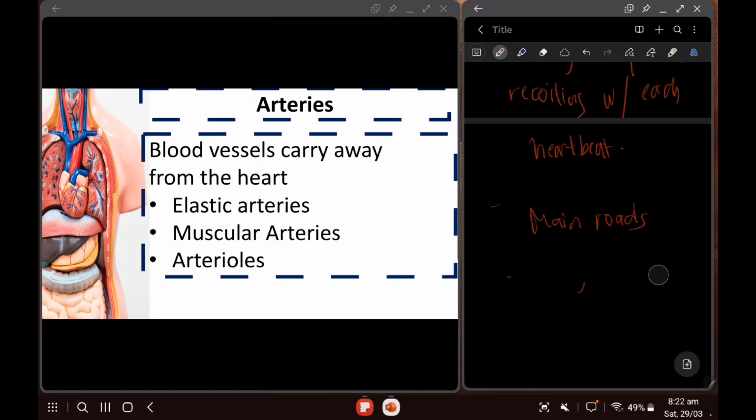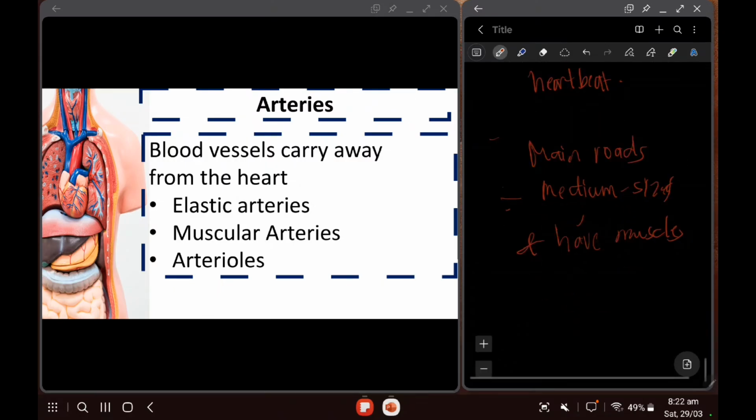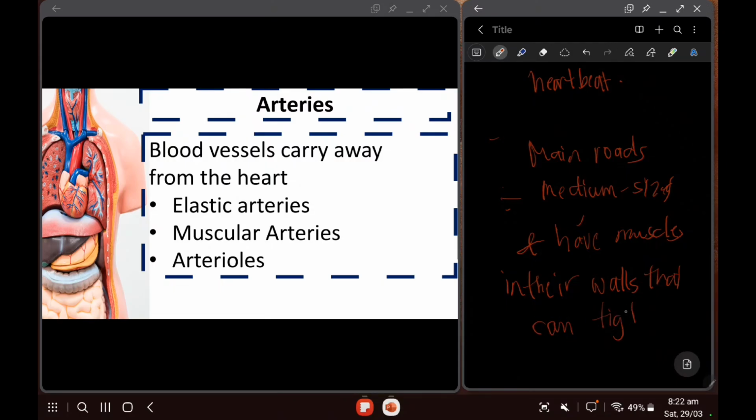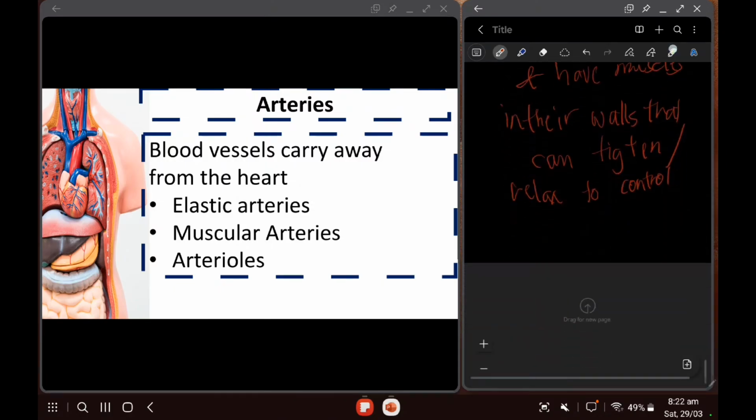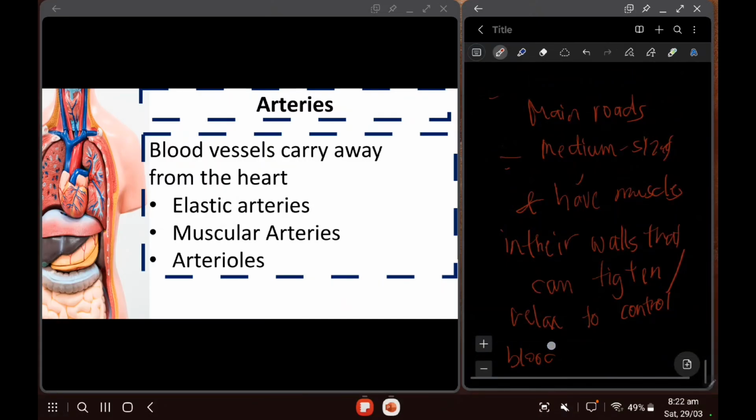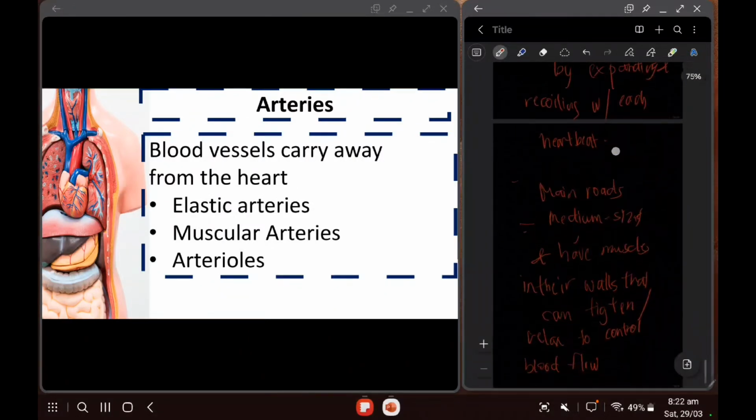So, ito is a medium size, mayroon silang muscles in their walls that can tighten or relax to control blood flow sa iba't ibang parts ng katawan.